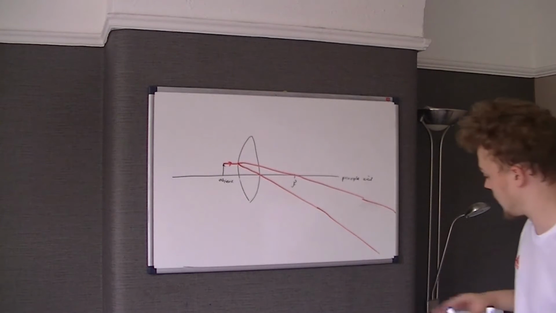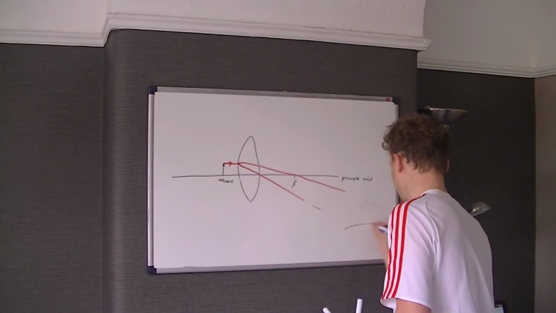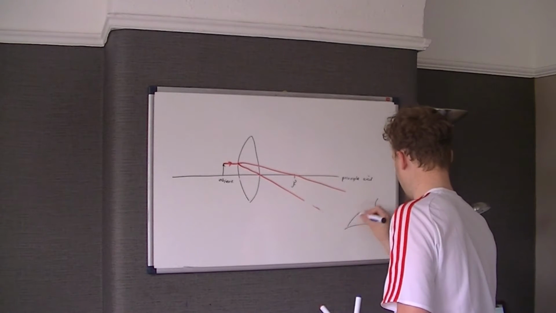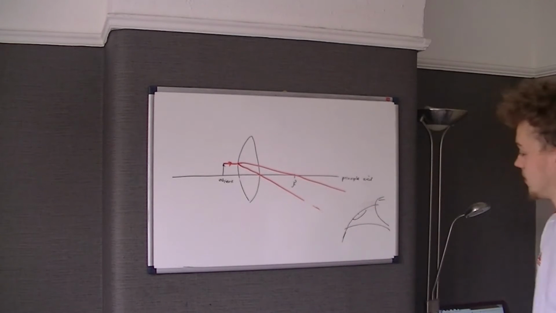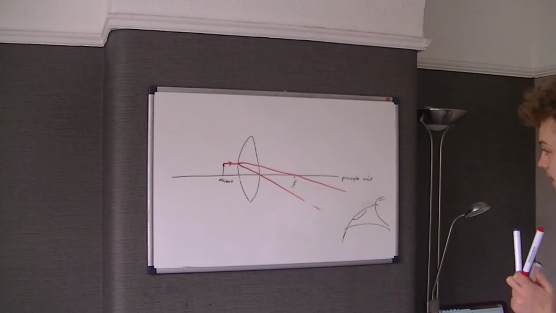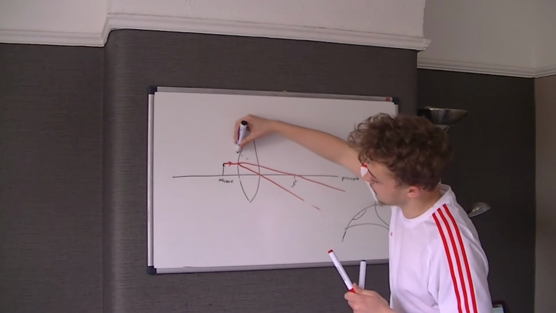So what your eye does: if we put an observer there, excuse my art skills, with some weird eyebrows, your brain would track these lines back.